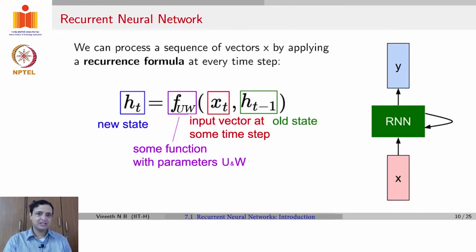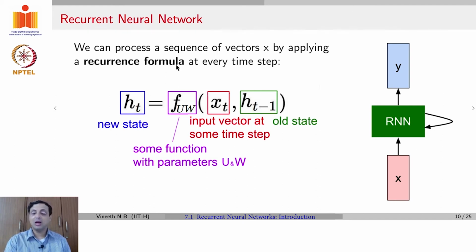Let's go into some more details now. So we said it's a recurrent neural network, and we also said that we want this RNN block here to repeat the same operation for the inputs at every time step. So what is that recurrence operation that we want to actually use?